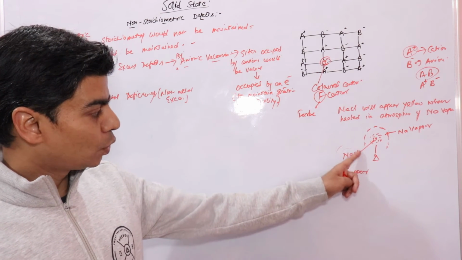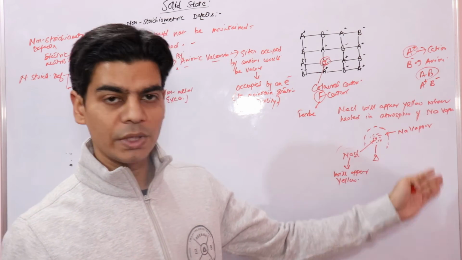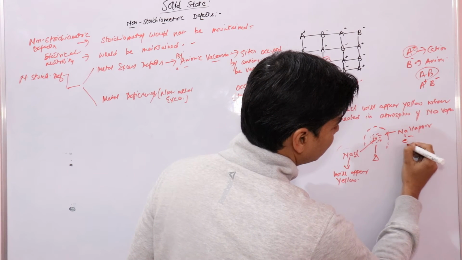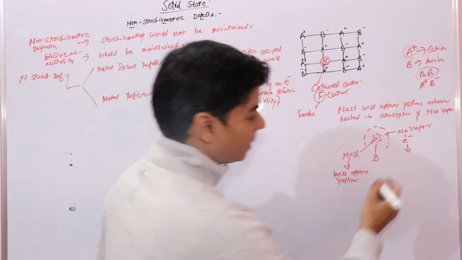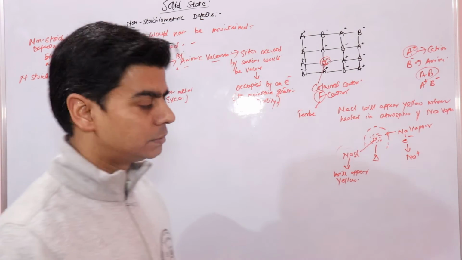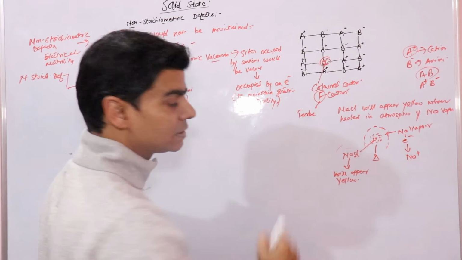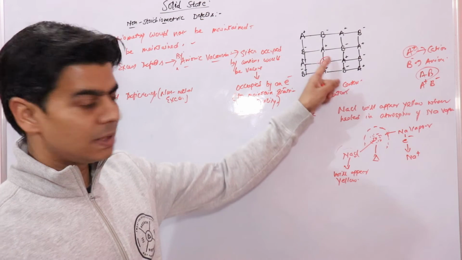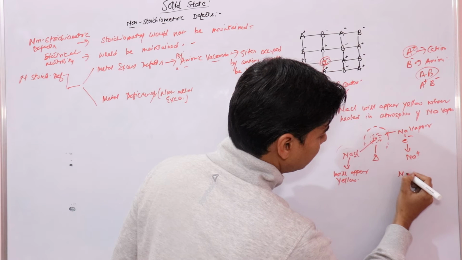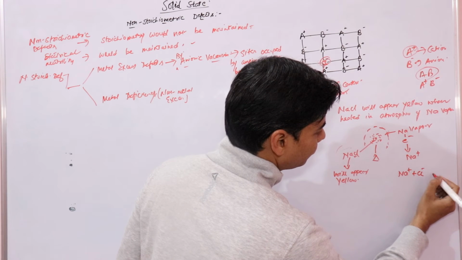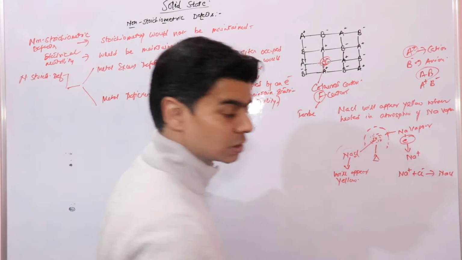Sodium will lose an electron to form a sodium ion, since we are heating sodium chloride in the atmosphere of sodium. The chloride ion leaves its lattice site and reacts with this sodium ion to form sodium chloride.